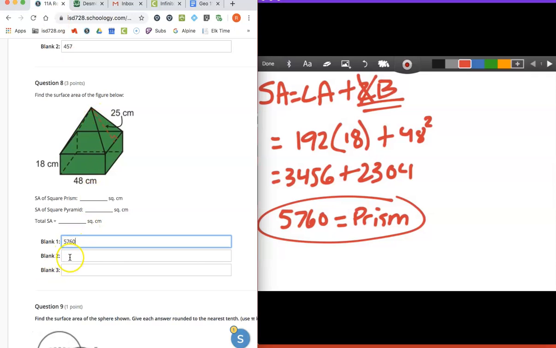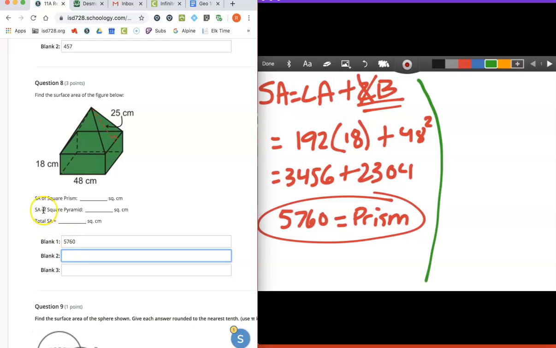Okay, this is much easier as a volume problem, which we'll do next chapter. Now I'm going to do the pyramid up top, but I'm only going to do the lateral area. So I'm going to change that to say lateral. So when you take it, that's what it'll say. The lateral area of the pyramid, because the base is not on a surface. So I just need the lateral area of the pyramid, 1/2 PL. So the perimeter is going to be the same as what we had here.